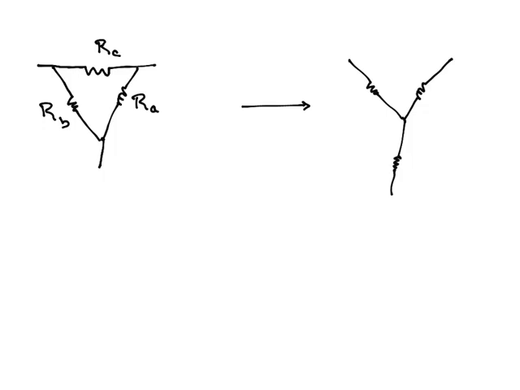And I'll call this 1, 2, and 3. The claim is that there is a way to convert the first connection, the delta, into the Y for some set of resistors, A, B, and C, and 1, 2, and 3, such that they're equivalent. And this is going to be the reason I named these things this way. Again, A, B, and C are going to be different resistors than 1, 2, and 3. That's why I gave them different names.